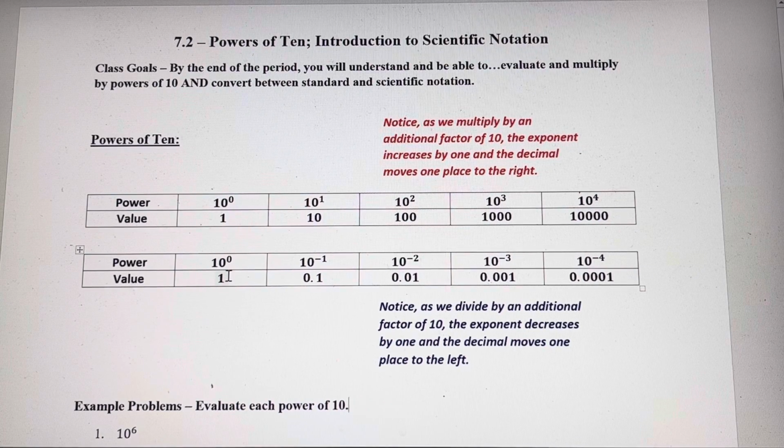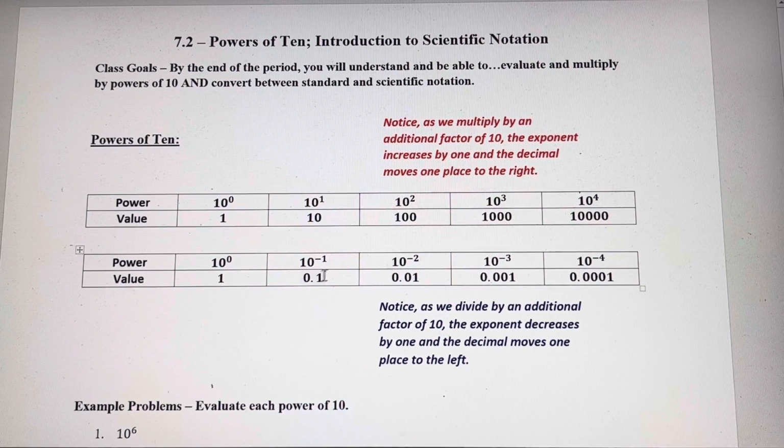So what was 1, when we divide by 10, becomes 0.1. The decimal moved from the right of the 1 to just the left of the 1. We divide by 10 again, my exponent gets smaller by 1, and my decimal moves an additional place to the left, and so on down the column.